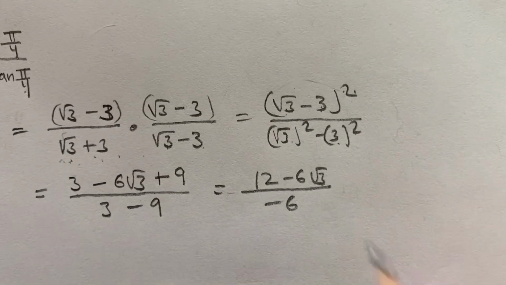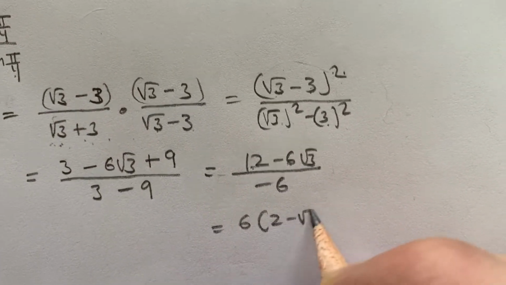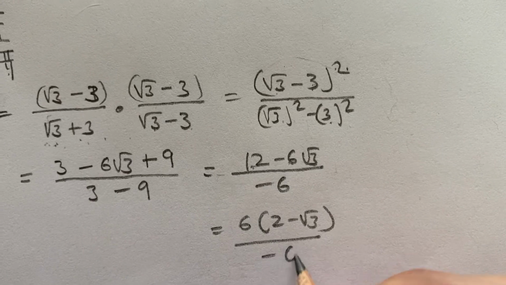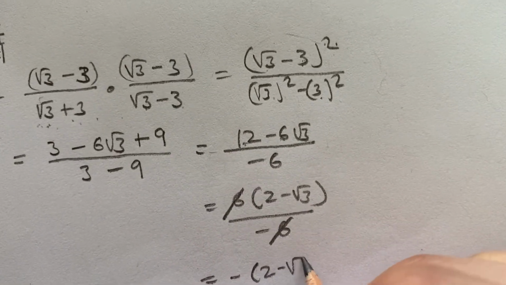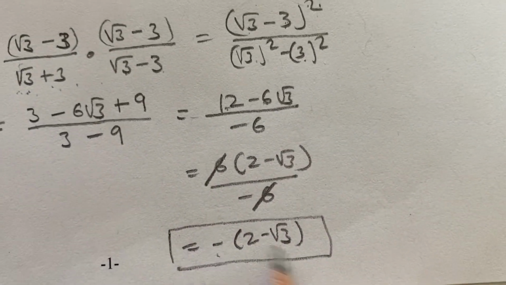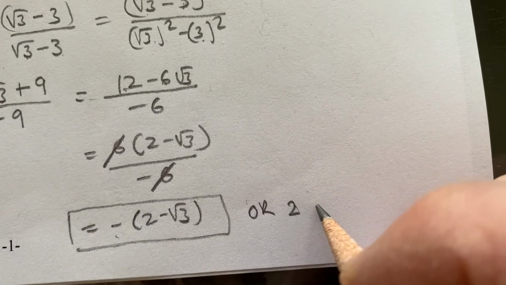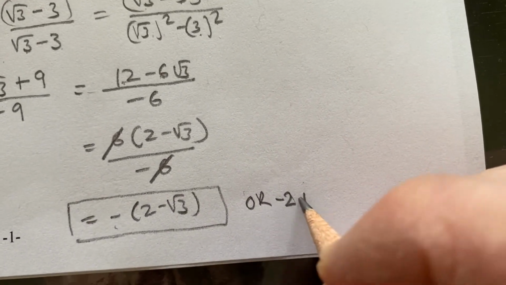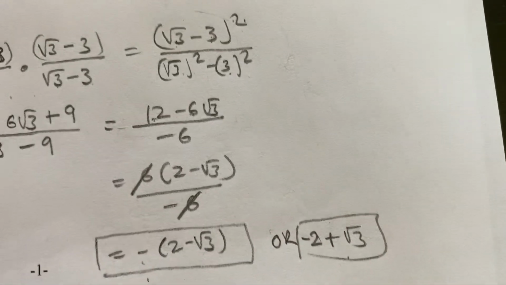So factor out a 6 between these two terms. These 6's will cancel out, and this will be your final answer. You could distribute the negative, in which case you'll get negative 2 plus square root of 3. Either one of these answers is acceptable.